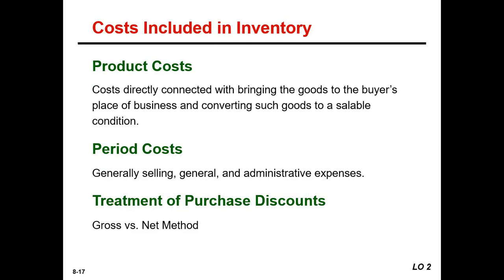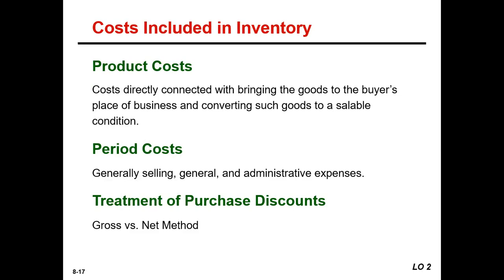So if it's a merchandising company like a Walmart or Target or something, their product costs, right, are the cost of goods that they purchased from the distributor or from the manufacturer, plus any freight cost, less any purchase discounts or purchase returns or allowances, right?